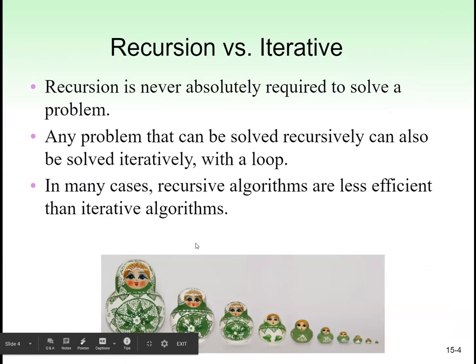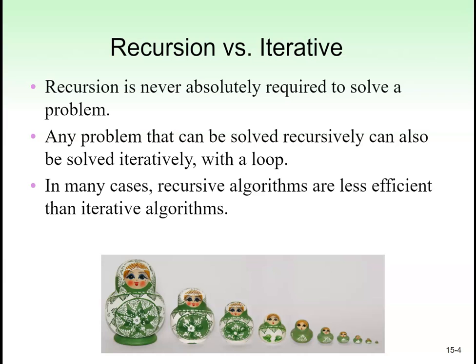So when would we use a recursive solution against an iterative solution? And the good thing to know is you can use either. There will always be a solution using both types. So if a solution makes more sense to you using a loop, then you can always use a loop.